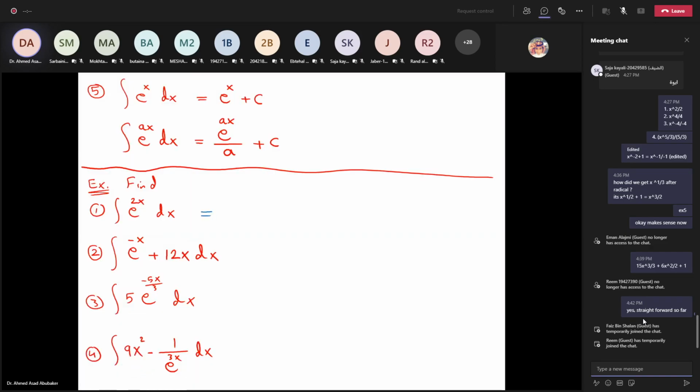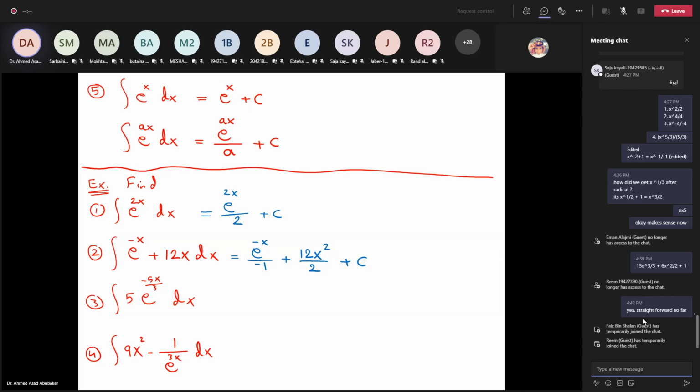The first one, this is very easy. This is e to the power 2x, but over 2, the coefficient of x, plus c. The second one, e to the power negative x over negative 1, plus 12x squared over 2, plus c.